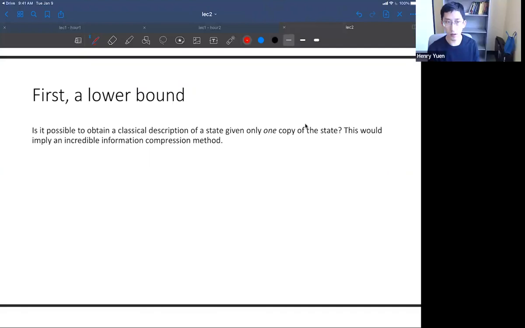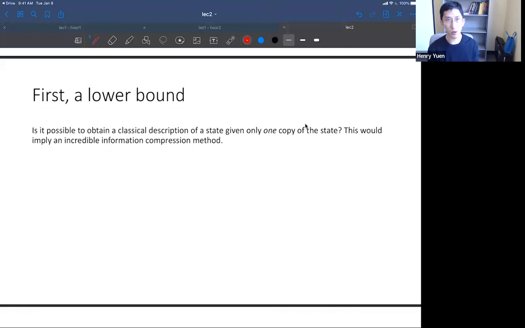Yeah, good. Okay, so you're starting to get into why it seems unlikely that you should be able to do this with one copy of a state, right? You might say, well, we know that if you perform measurement, the state collapses, and then once it collapses, the state changes, and so you won't be able to get the original information. That's true.